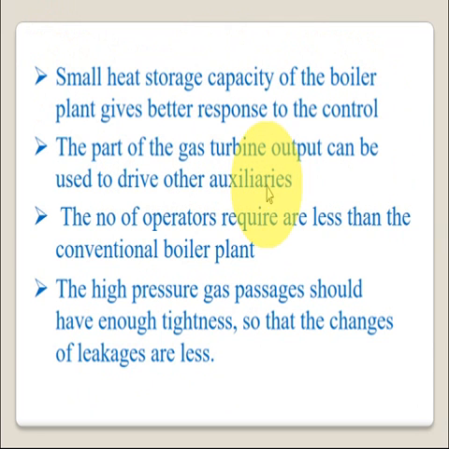Part of the gas turbine output can be used to drive other auxiliaries in this boiler. The number of operators required is less than for a conventional boiler. The high pressure gas passages should have enough tightness so that the chances of leakage are less.